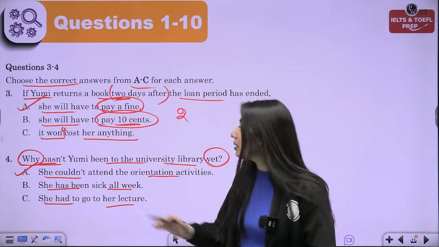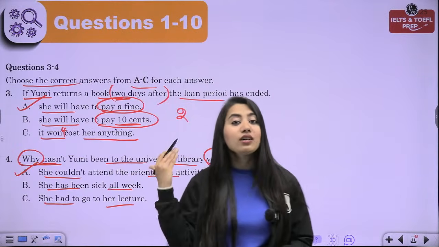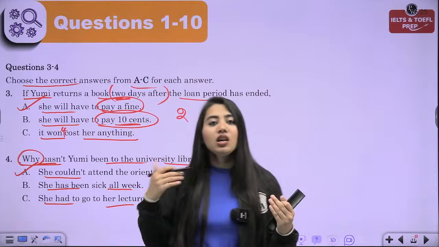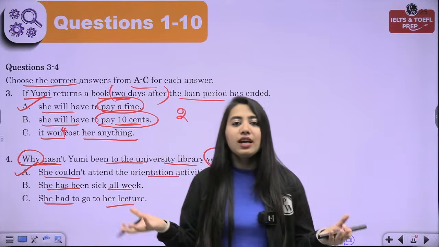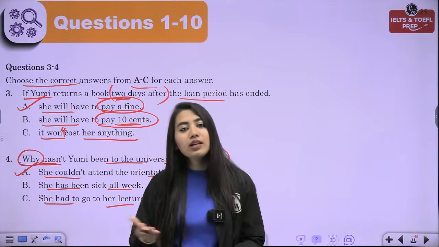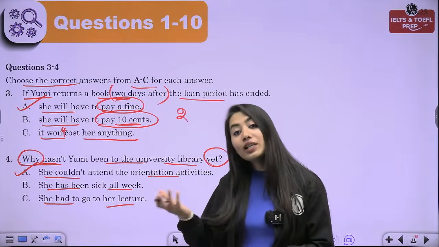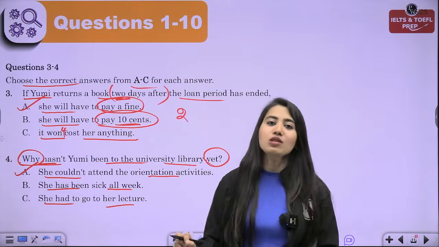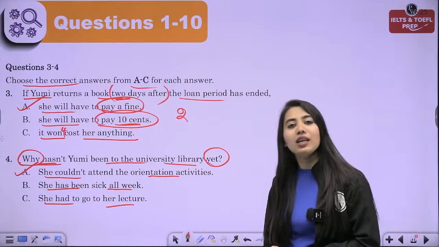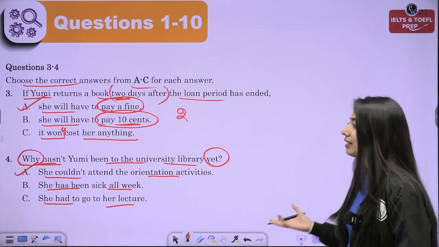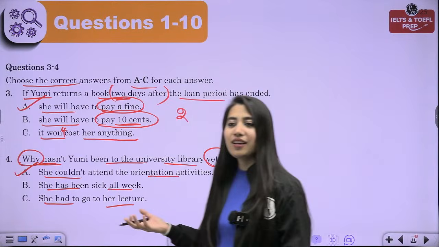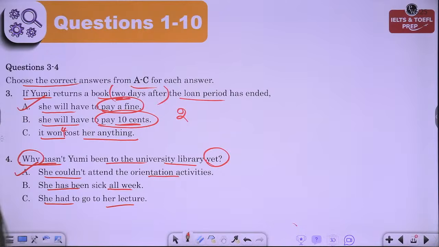So the reason will be that she couldn't attend the orientation activities. That's why she couldn't go to the library yet. She doesn't know the way. In orientation they tell you, but she couldn't attend it. This is her main reason. Not B. It will be A. Okay? And yeah, we are done. Good job guys. If you marked A, then you are absolutely correct.